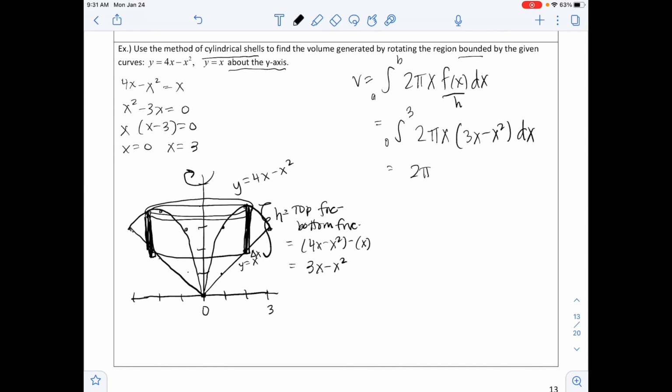Again, pulling that 2 pi out in front, you get 0 to 3, and multiplying in that x, we have 3x squared minus x cubed dx.